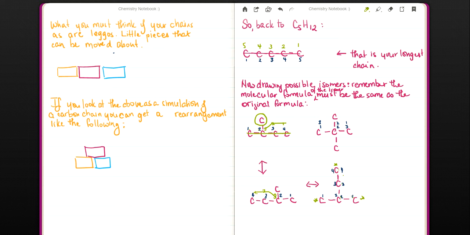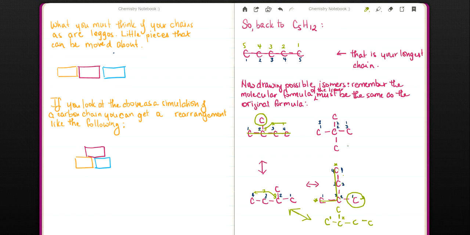So therefore, one of these must be a group, and you could always rewrite it as a flat long chain to make your life easier. So we know we have a group here somewhere, and we just flatten out our chain. So we have 1, 2, 3, 4. So you notice it's the same as this. And now you would just number it 1, 2 to give it the lowest number.